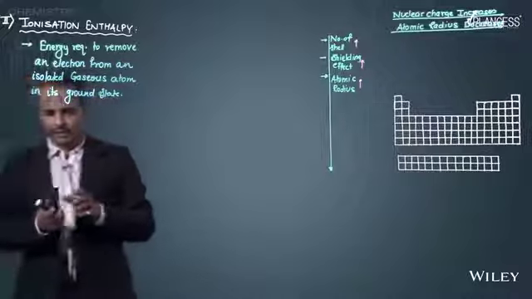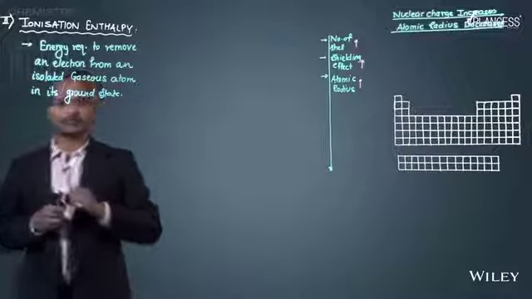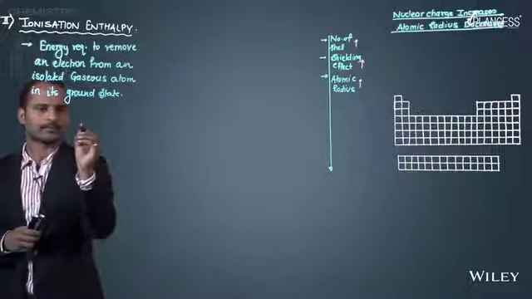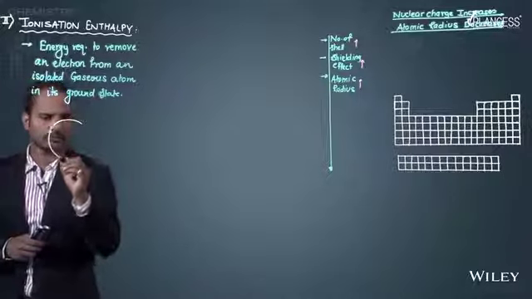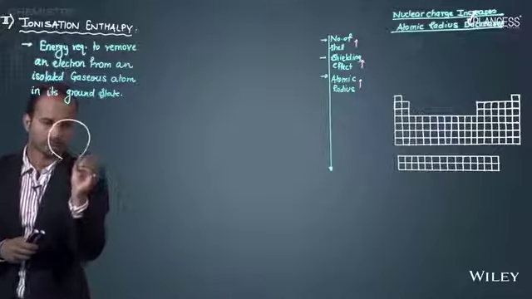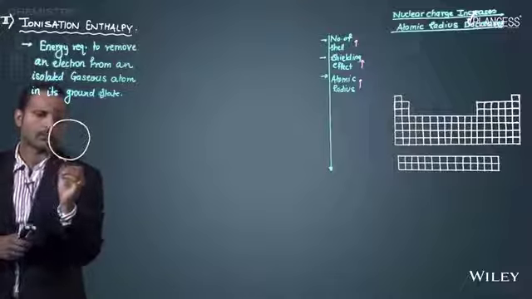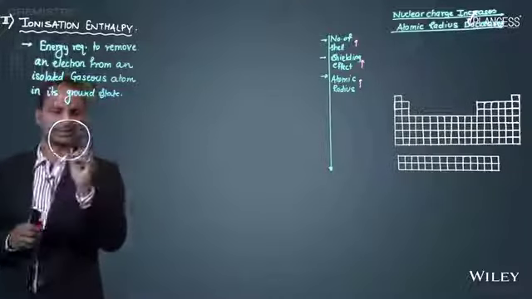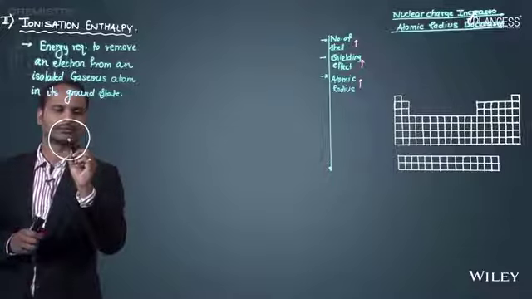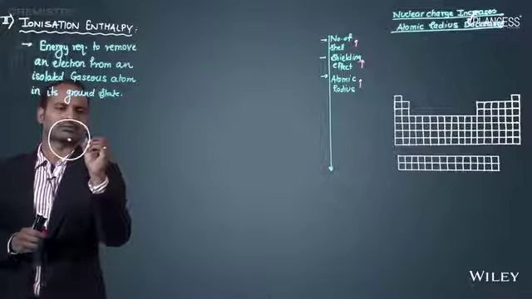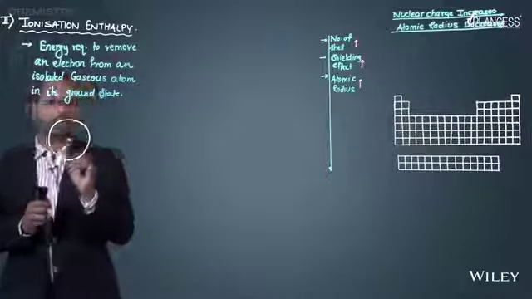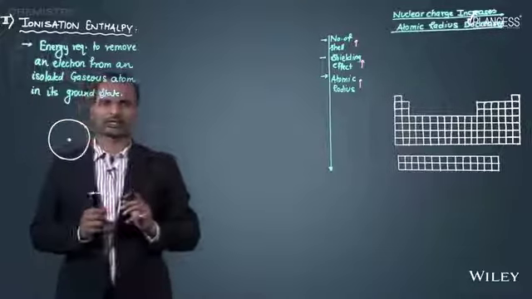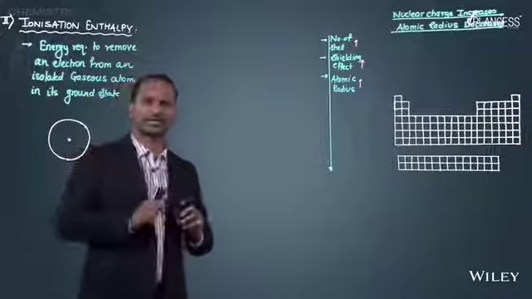So suppose I have an atom. This is the nucleus of the atom, and let there be an electron present in it. I know that the nucleus has a positive charge because of the presence of protons, and the electron carries a negative charge.